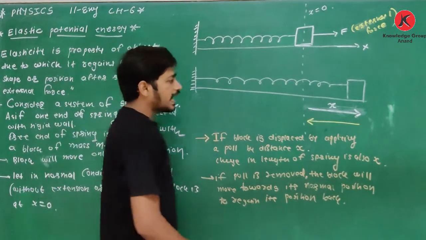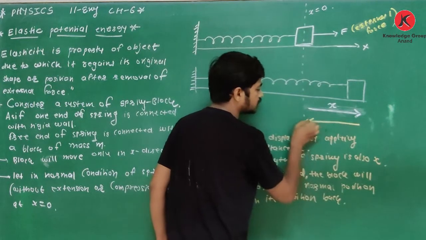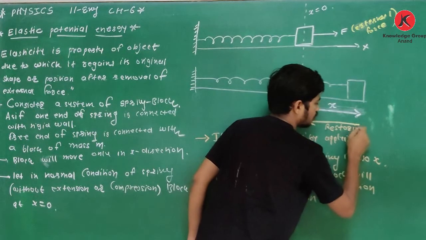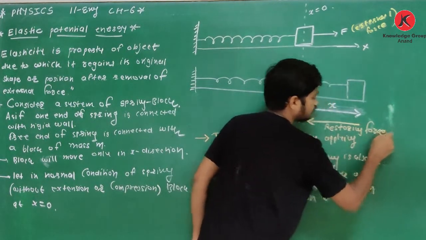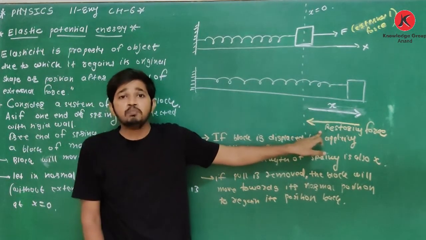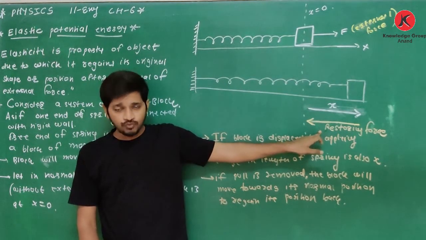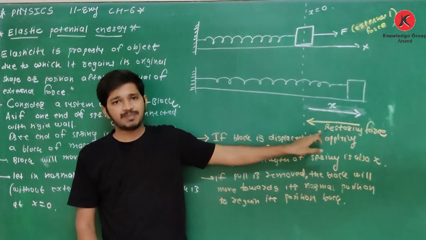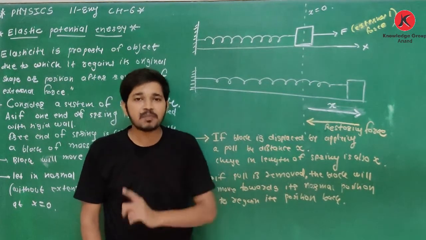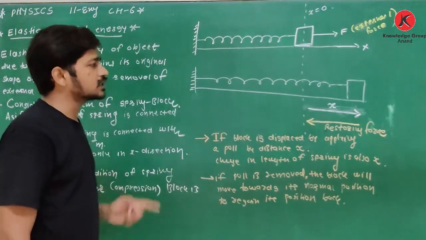And the force due to which it regains its original position back is called restoring force. Clear about this? Why is it named restoring force? Because due to this force, this block will regain its original position back. This spring will regain its original position back. So such a force is called restoring force.